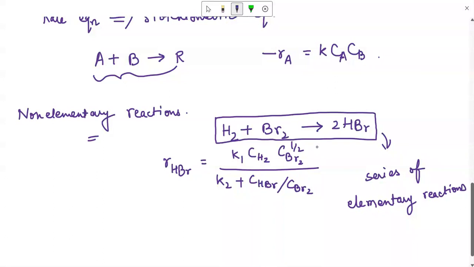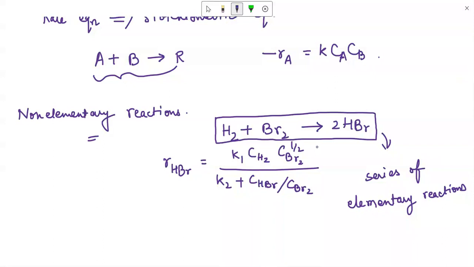The reason why we observe only a single reaction rather than two or more reactions is because the intermediates which are forming during the sequence of elementary reactions are in negligible amount, or the reactions are so fast that they cannot be detected.